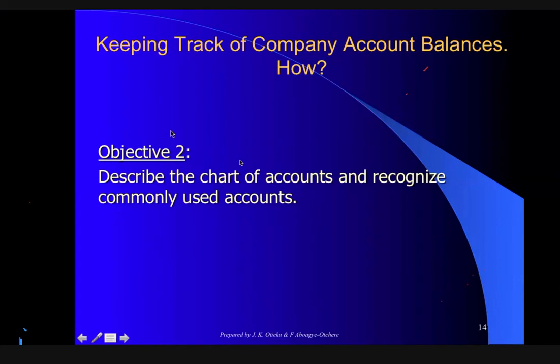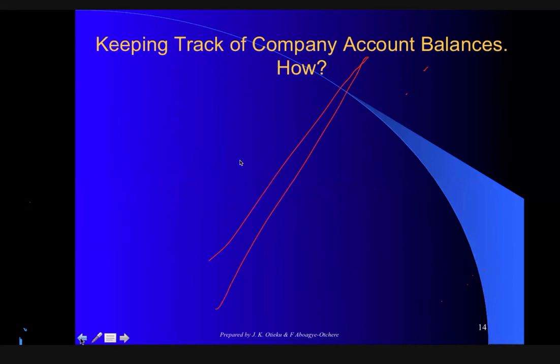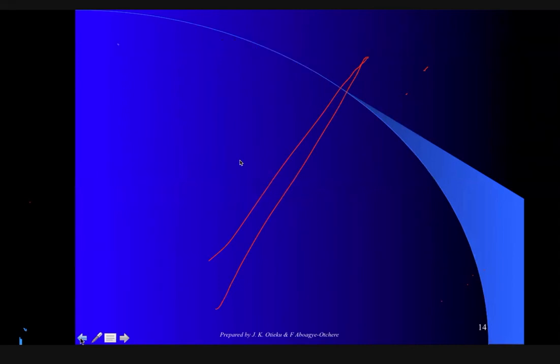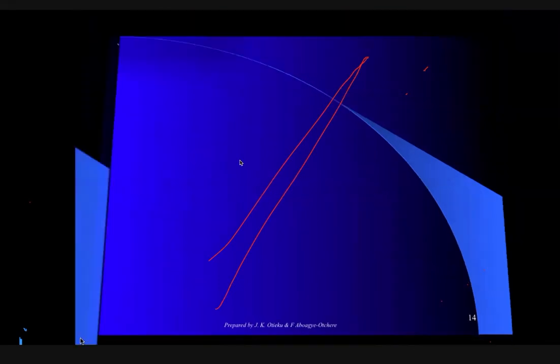Basically, we've done the accounting equation. We've looked at the effect of transactions on the accounting equation or the balance sheet, and we've also looked at examples of these things. Then we came to look at the accounting cycle.